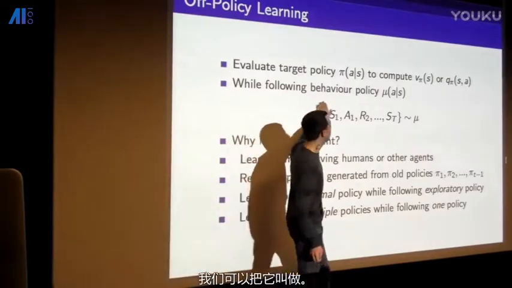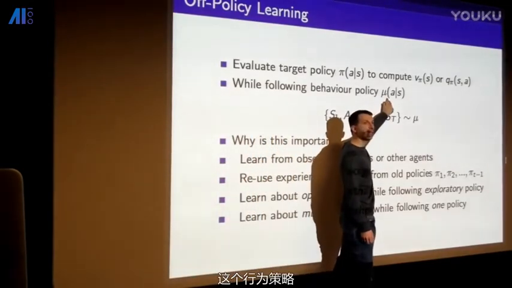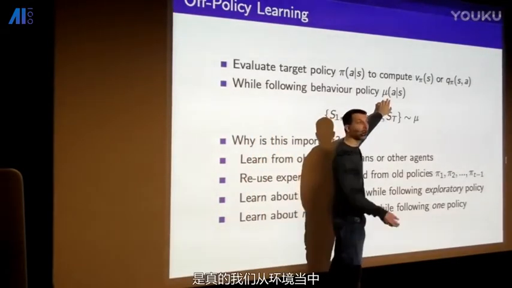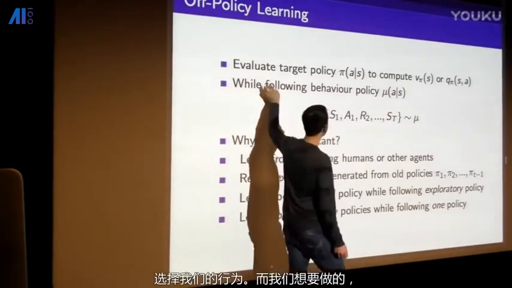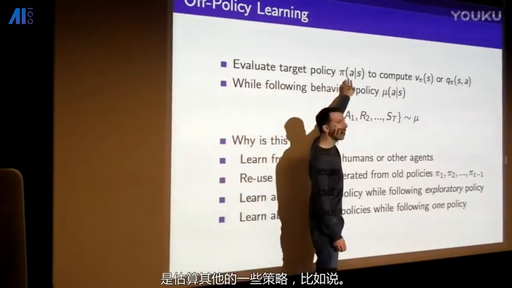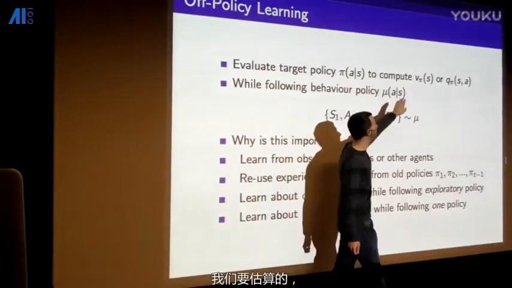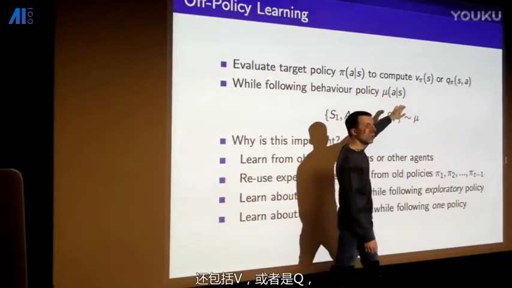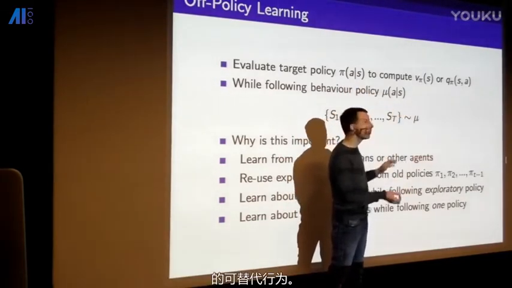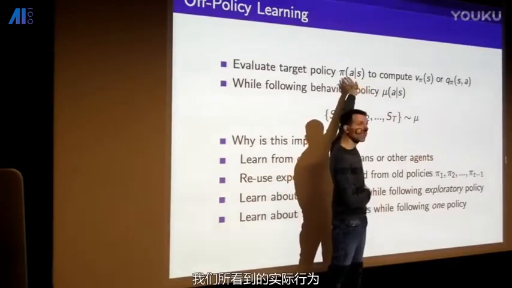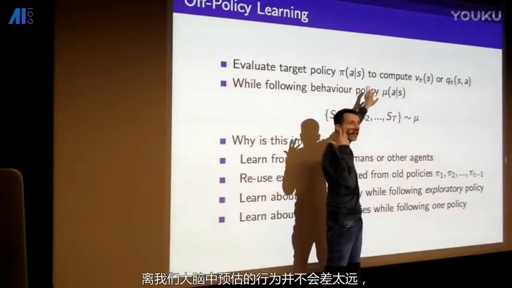Let's say we're going to follow some behavior policy that we're going to call mu. This is the behavior policy that we actually pick actions from in the environment. What we want to do is to evaluate some other policy, pi, so as to compute, say, v pi or q pi, or ultimately figure out maybe the optimal way to behave in that environment. But the behavior that we see is not going to be drawn from this thing that we're wondering about.